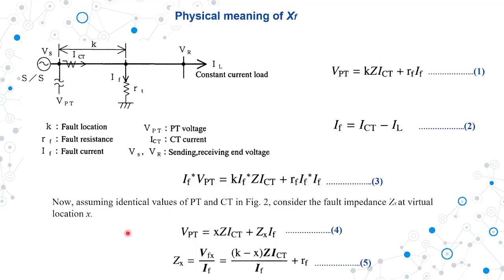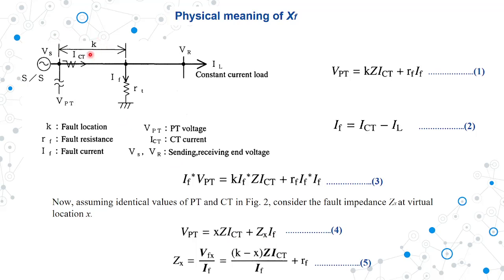Now, assuming identical values of PT and CT, as we can see in figure 2 on the next slide, and considering the fault reactance X as a circuit location, we change K into X in the first transmission line and write the same equation again: VPT equals X times Z times ICT.